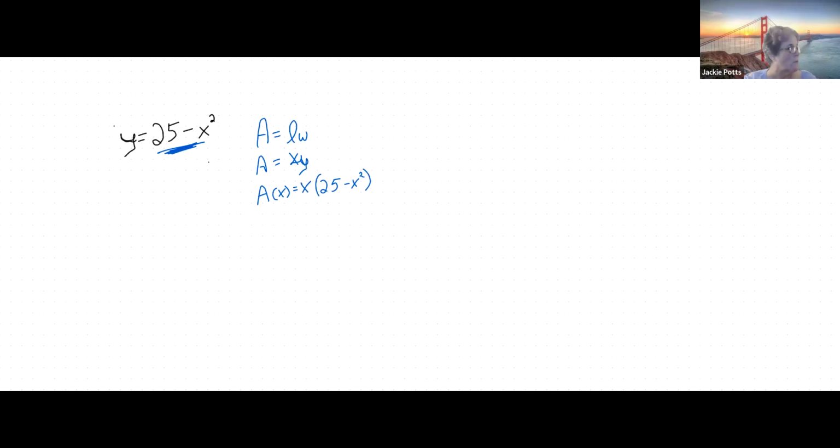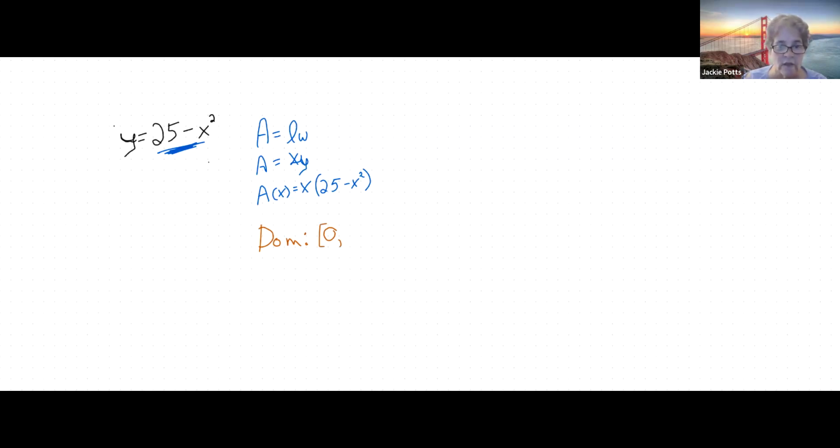So we think all real numbers. But here, this is an implied domain because we're talking area. I can't have a negative domain, can't have a negative area. So I know my domain starts at 0. Now, if I have an area of 0, that's not much of a rectangle. But how high does it go?